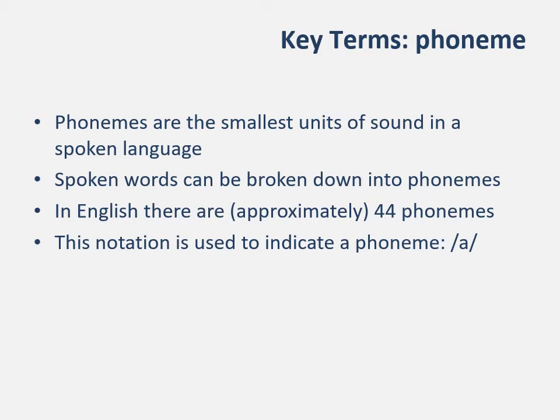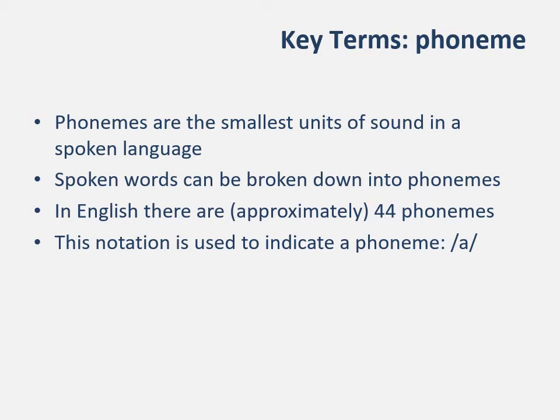So first of all, our first key term is phoneme. And phonemes are the smallest unit of sound in any spoken language. You take any language that you hear someone speaking, those people will be using a set number of sounds to make all the words that they are speaking.